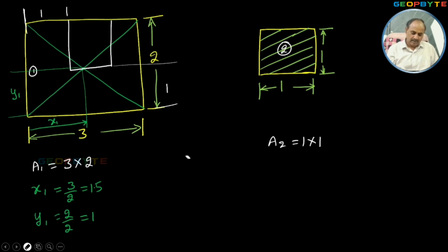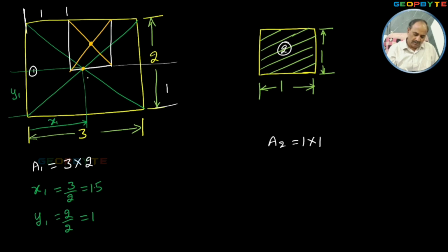Now I am marking the centroid, the center of gravity, for block 2. Join the diagonals. Wherever the diagonals meet, that is the center of gravity for block 2.